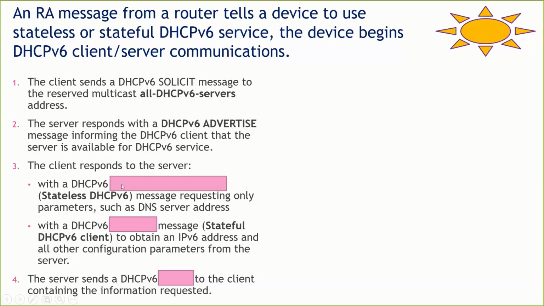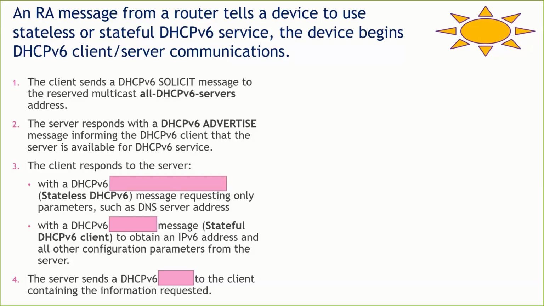So it's responding back to this advertisement with what kind of a message? So it's a particular type of request, Michael. So if you kind of think in terms of IPv4, it's similar. So it's like I need to solicit. Okay, I'm soliciting for an address. The server says I have one to advertise.